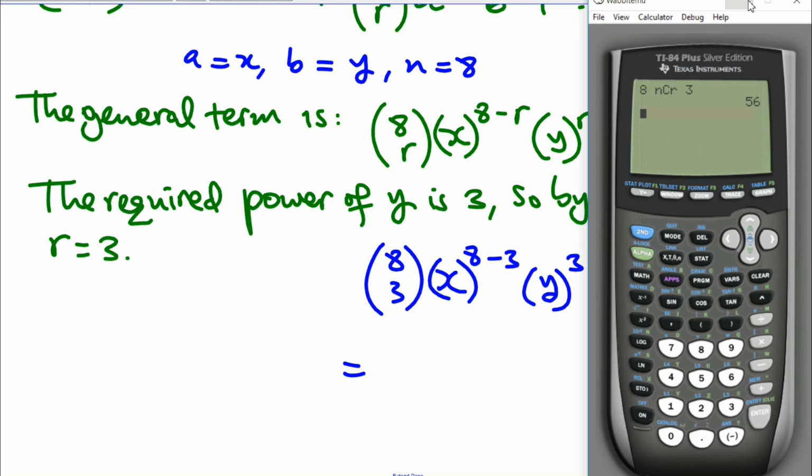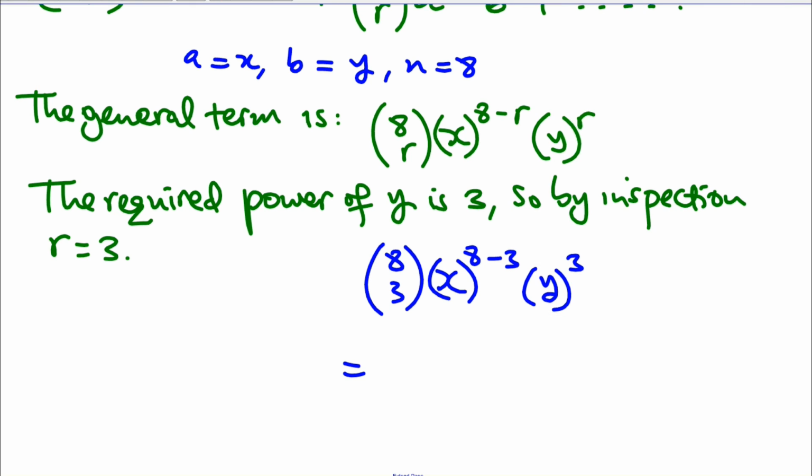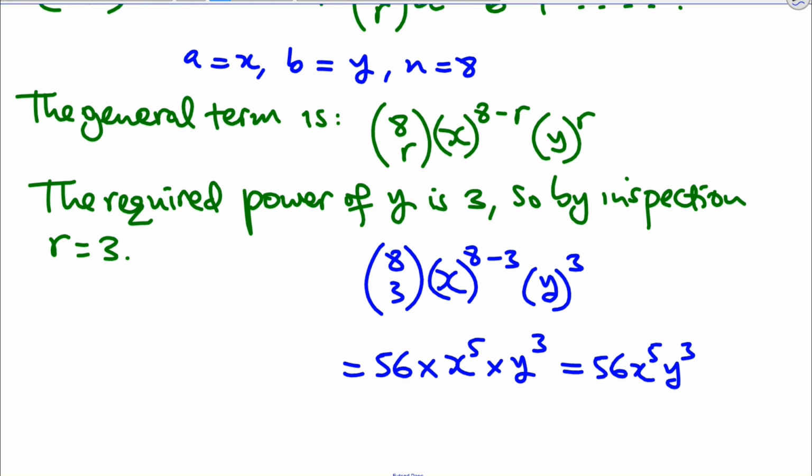So your answer will be 56. 8 choose 3 is 56. That will be 56 multiplied by x^5 multiplied by y^3, which is equal to 56 x^5 y^3. So we can finalize and say that the coefficient is 56.